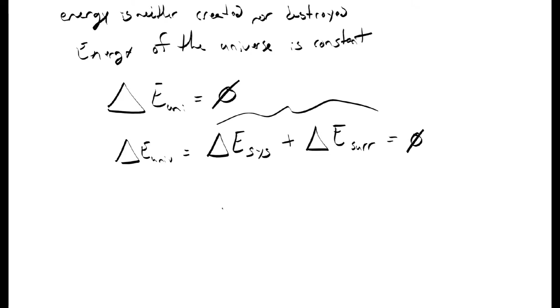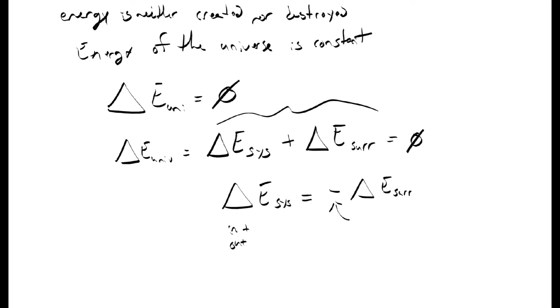And what this gives us is delta E of our system is equal to negative delta E of the surroundings. So equal in magnitude, opposite in sign. That's what you really need to focus on here. Never, ever forget about this negative sign. Always pay attention to where energy is coming from and where energy is going. Energy into the system is positive.